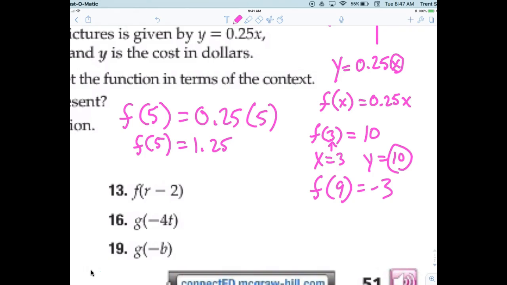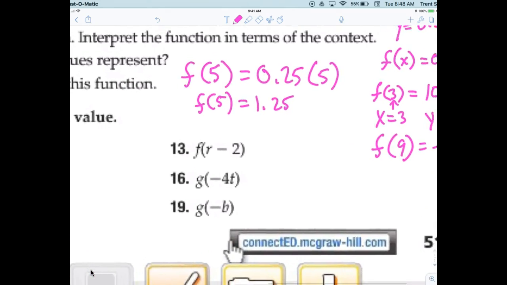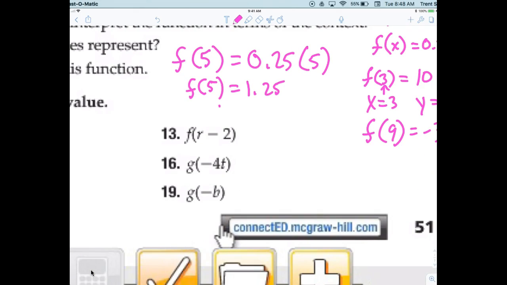Everybody good? All right. So the next question is, what is f of 12? So f of 12 is equal to 0.25 times 12. And what's 1/4 of 12? 3. Thank you very much. So f of 12 is equal to 3.